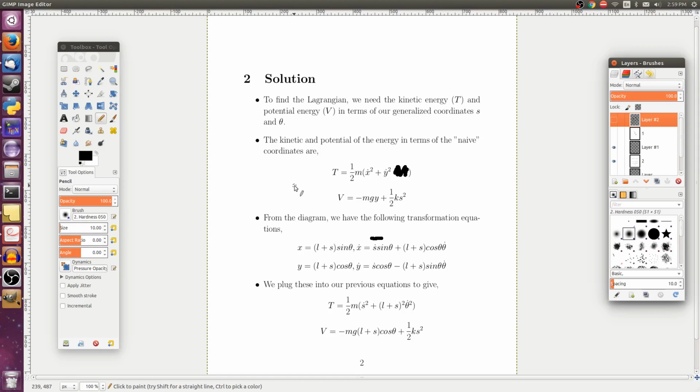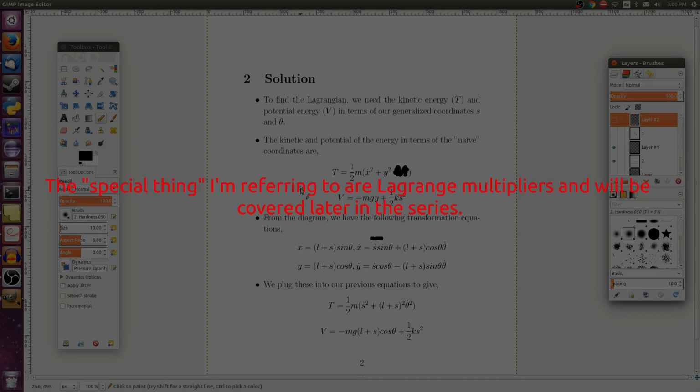But we want to express this in terms of our new coordinates s and theta. Since s and theta are linearly independent, that would be the minimum number of equations that we need. We haven't gone over what the problem is if you do have linearly dependent coordinates like x and y, but you basically run into problems really fast because the Euler-Lagrange equations that you get aren't independent, so you have to do something special to fix that.